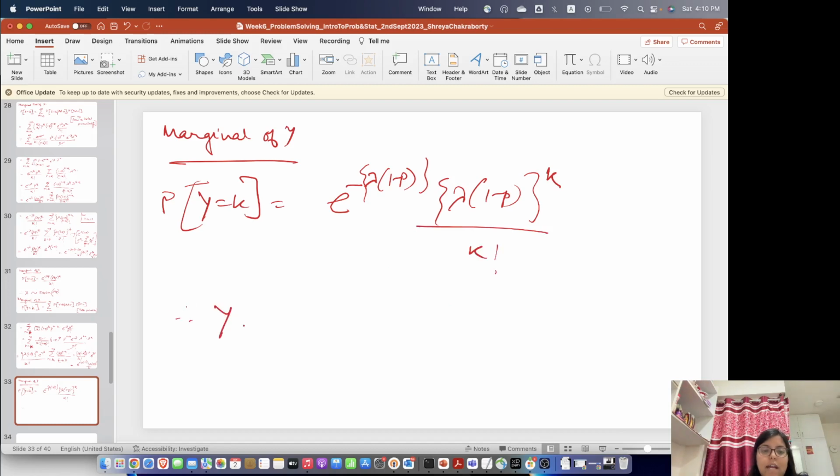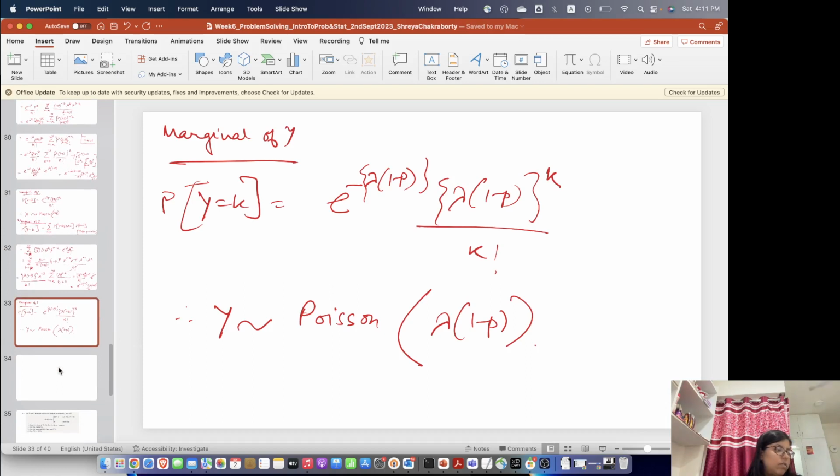So therefore y also follows Poisson with lambda (1 minus p) as mean. Alright. So this is ensured.